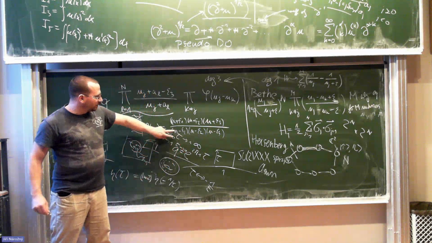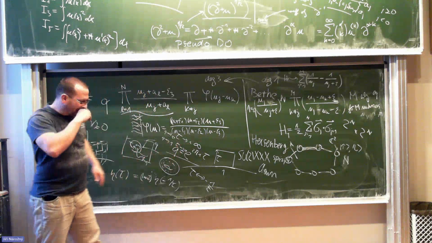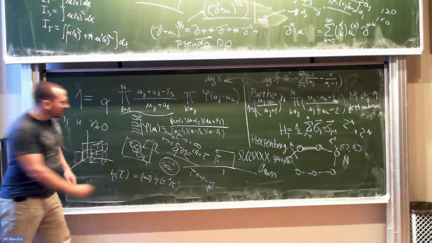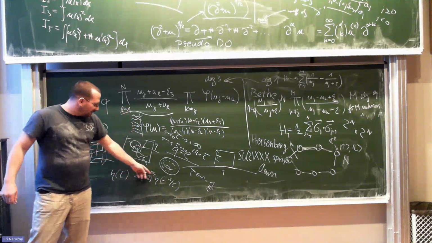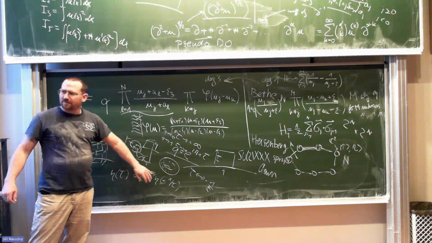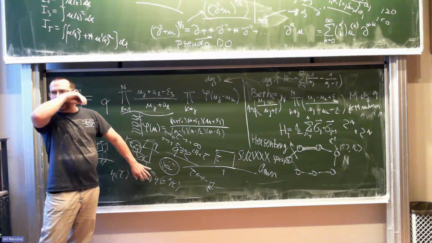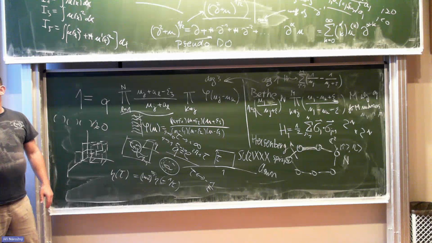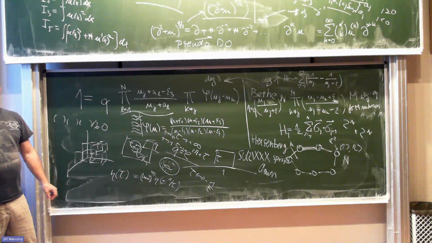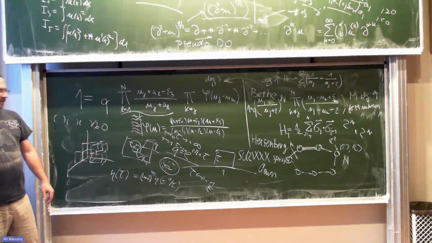So there are these two limits. Eta transforms nicely under this, with a square root of tau. Yes, there is something with a square root of the imaginary part of tau. You can find it on Wikipedia.